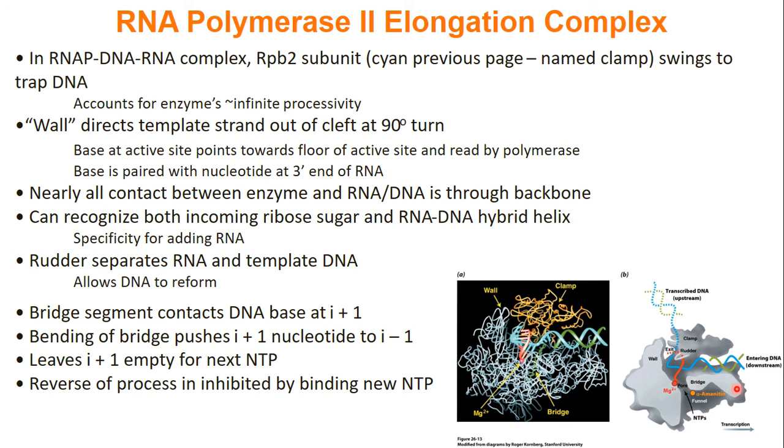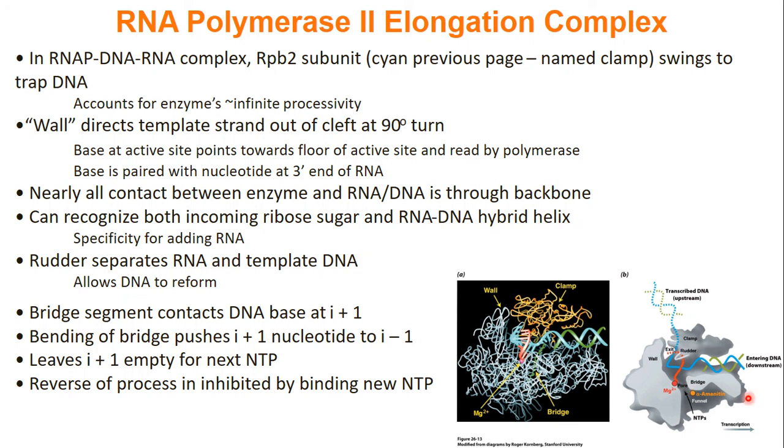We have a bridge sequence down here, so we're going to contact the DNA at I+1. That is one site upstream to where we're currently doing synthesis. Now, the way that this bridge is bent, it'll push the I+1 to the I-1 spot, leaving the I+1 for the next nucleotide to come in and do the next reaction.